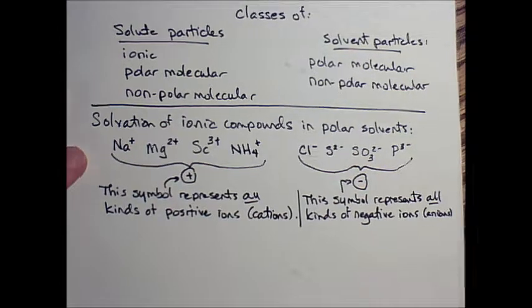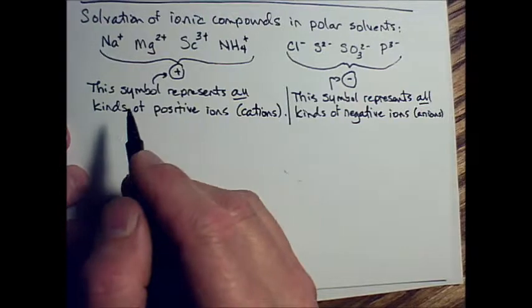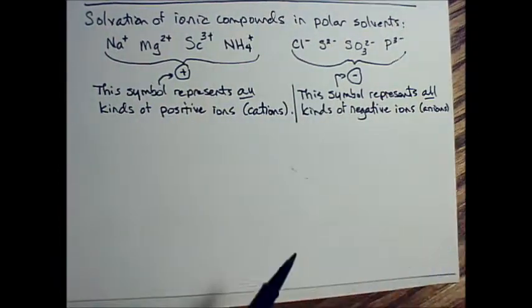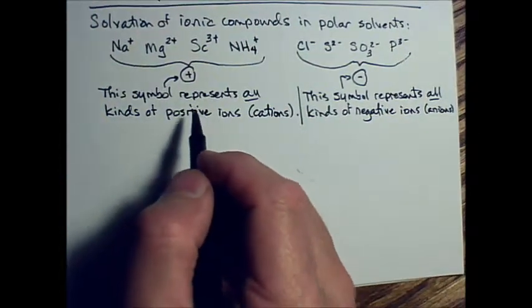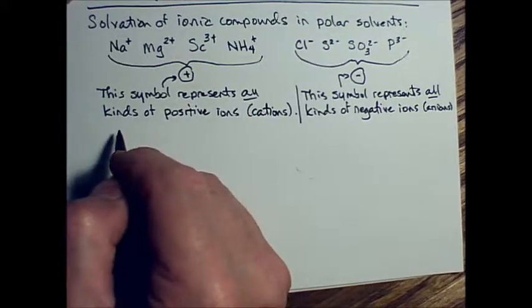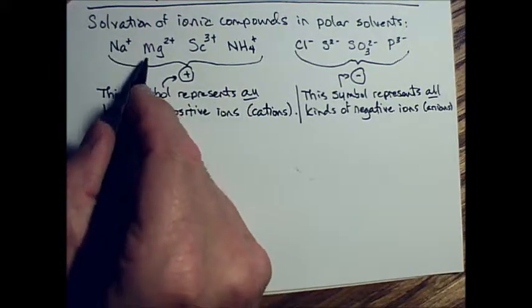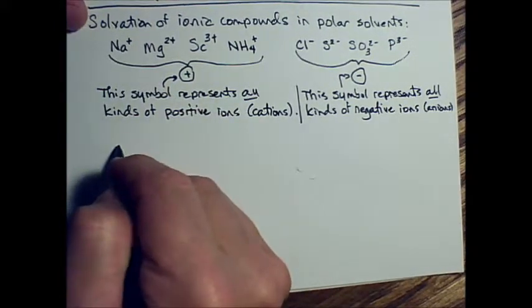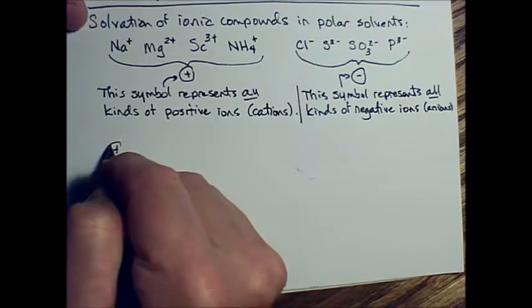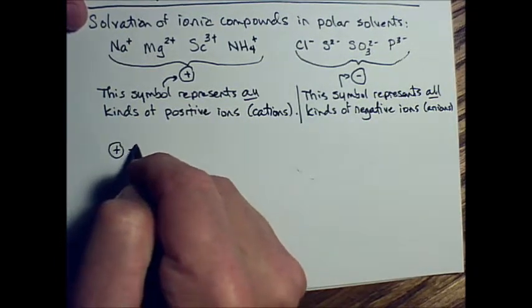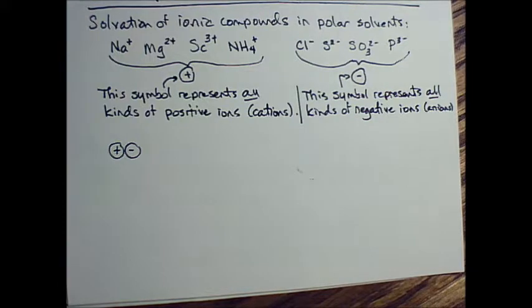All right. So ionic compounds then structure themselves so that the opposite charges are next to each other. But it doesn't stop there.